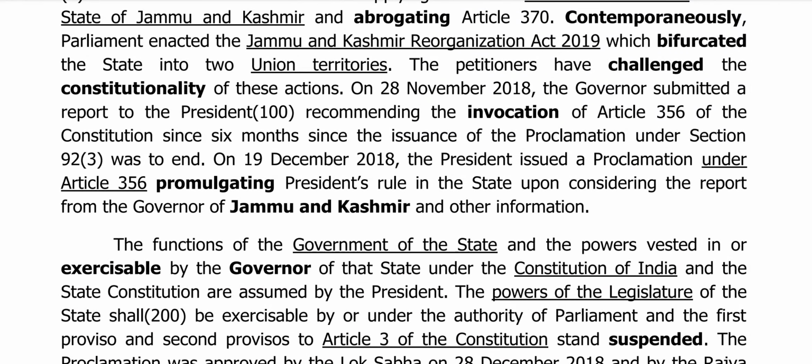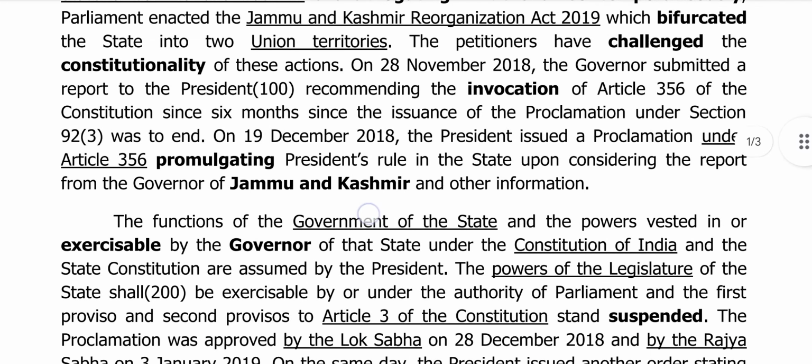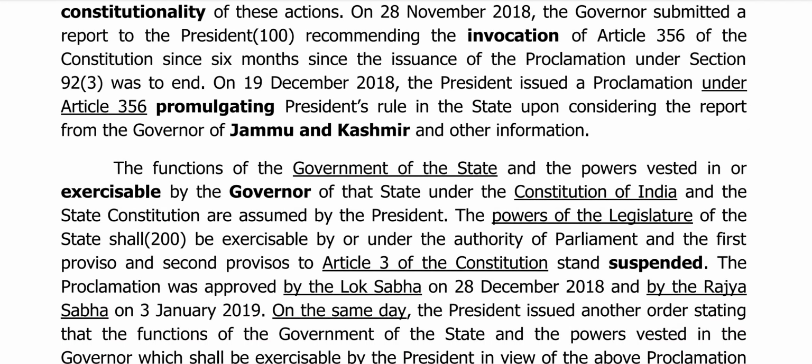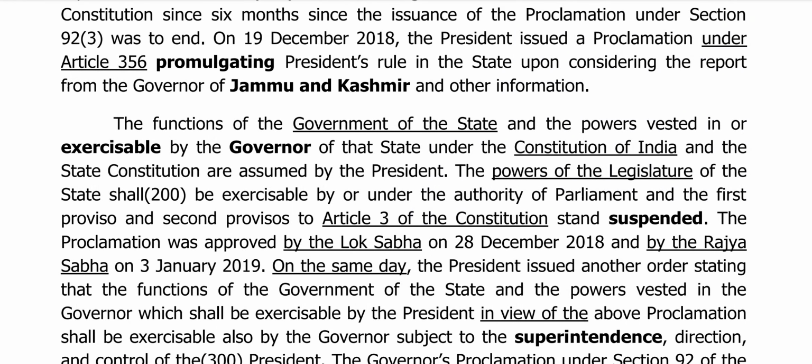On 28 November 2018, the Governor submitted a report to the President recommending the invocation of Article 356 of the Constitution since the six months from the issuance of the proclamation under Section 92(3) was to end. On 19 December 2018, the President issued a proclamation under Article 356 promulgating President's rule in the state upon considering the report from the Governor of Jammu and Kashmir and other information.